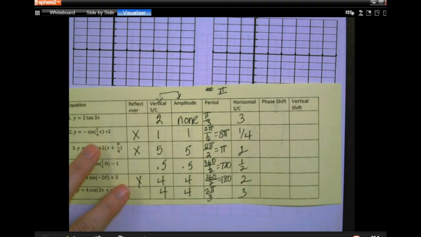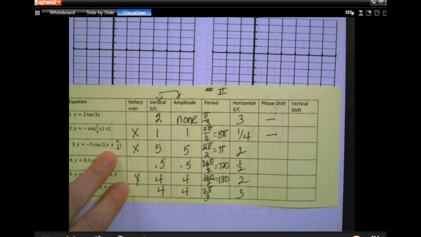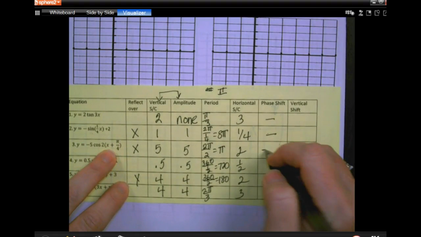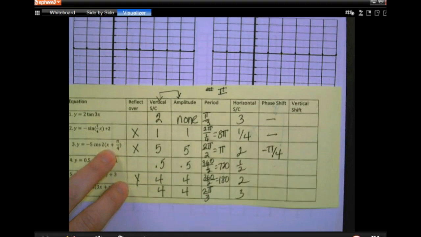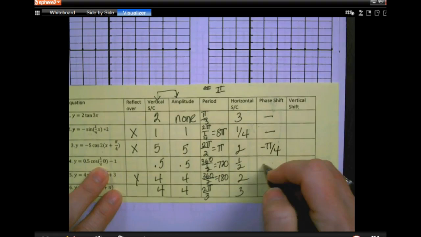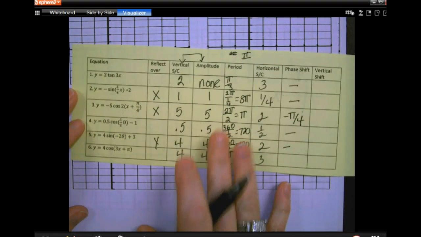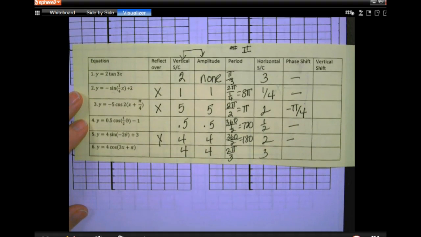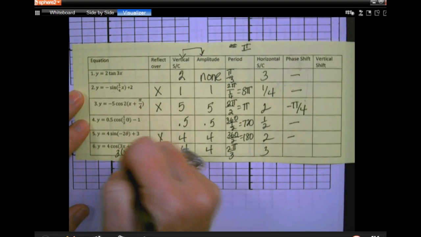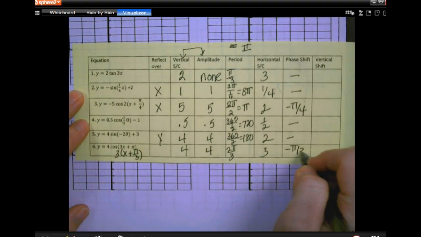Some of the mistakes I see: there's no phase shift here, not here, but this is a positive pi over 4, so it's really a negative pi over 4 because our x's lie. There's none here, none here. And the last one, you have to take the 3 out because the 3 is inside. So it's a negative pi over 3.